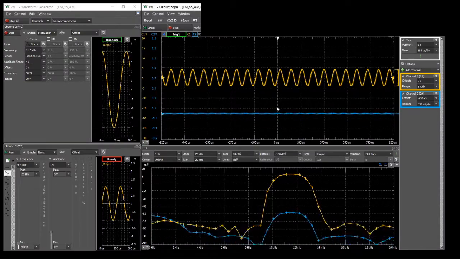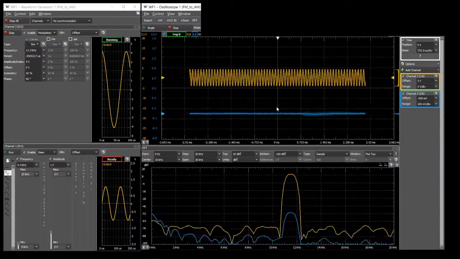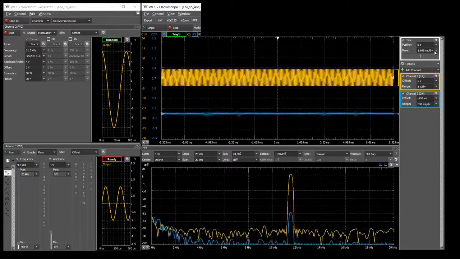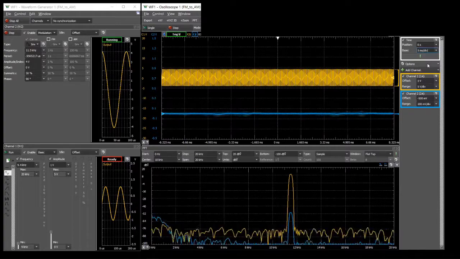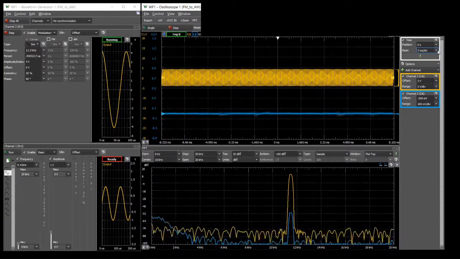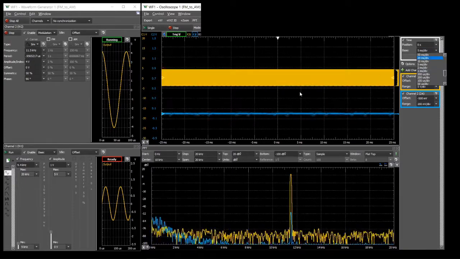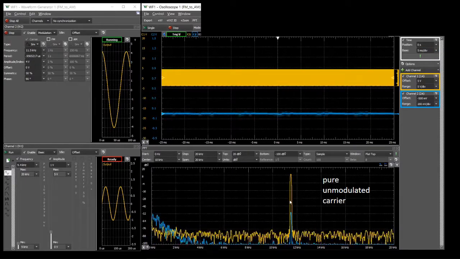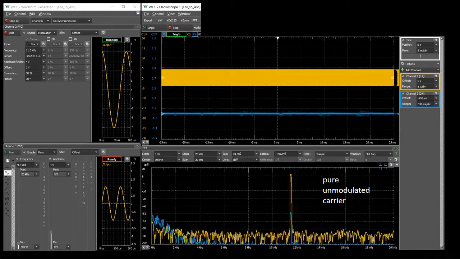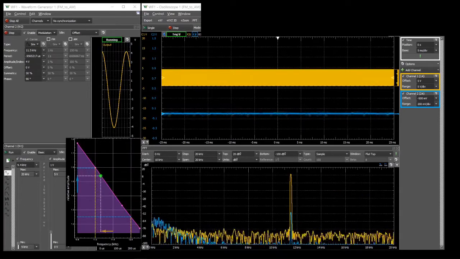Consider a pure carrier at 11.5 kHz. The Fourier spectrum at the bottom shows a single line. Frequency modulation is applied to the carrier.